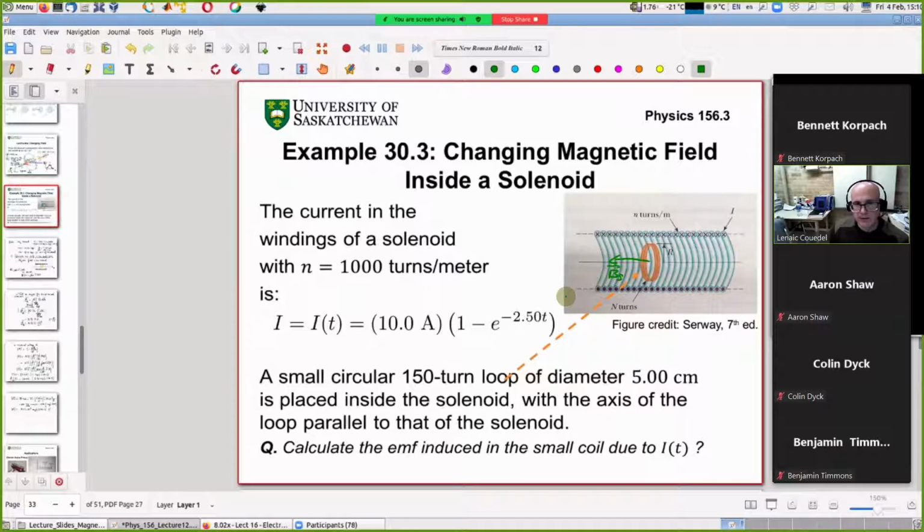Is this current an increasing current or a decreasing current? So is the current at time equals 0 bigger or smaller than the current after a very long time?